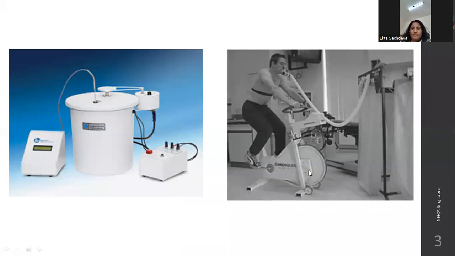So again, revising the main difference. What estimation will direct calorimetry give you? Put it in the chat box. What estimation can you find using direct calorimetry?